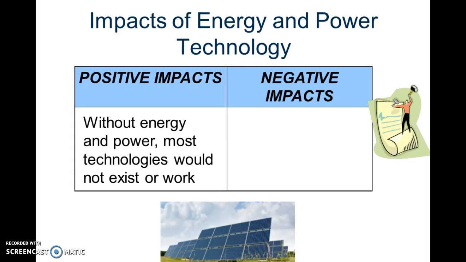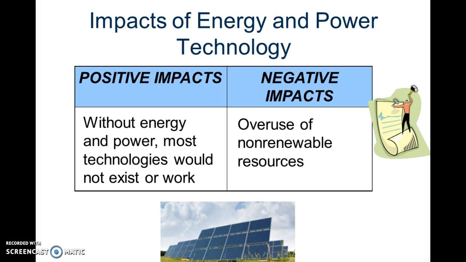Positive impacts of energy and power: without energy and power, most technologies would not exist or work. But the negative effects: overuse of non-renewable resources like coal, oil, and materials from oil, such as gasoline.